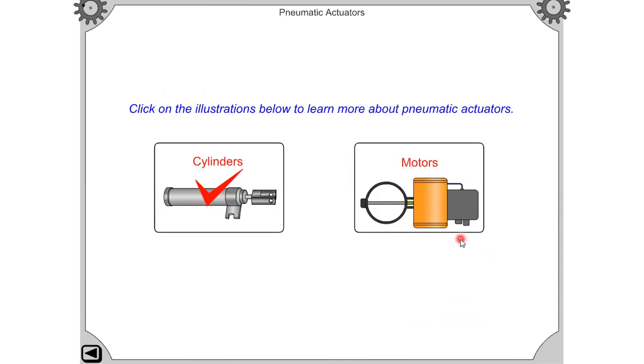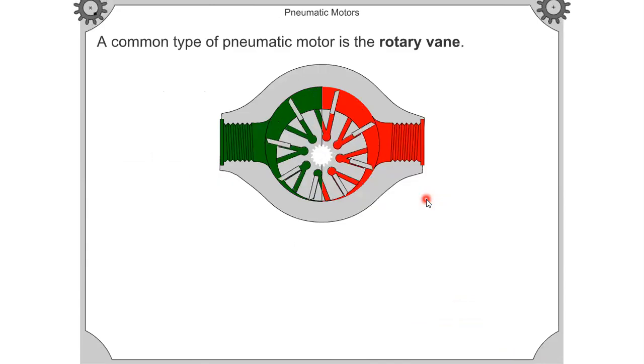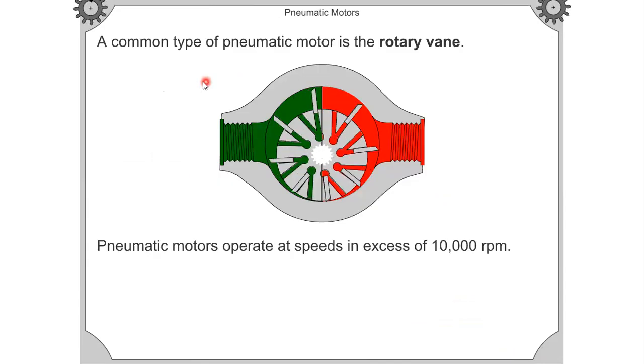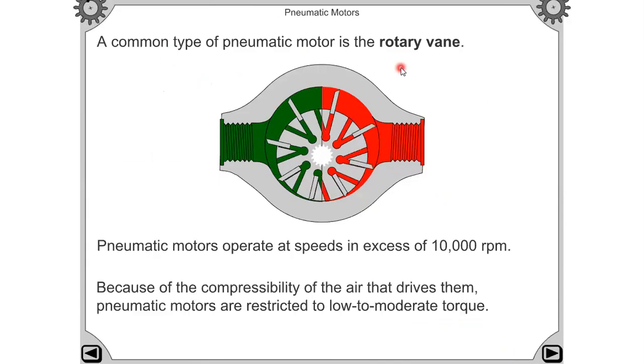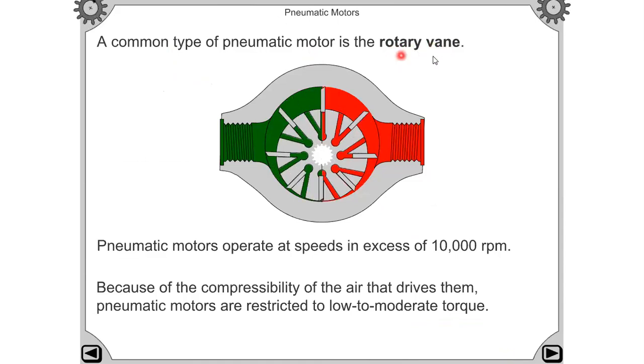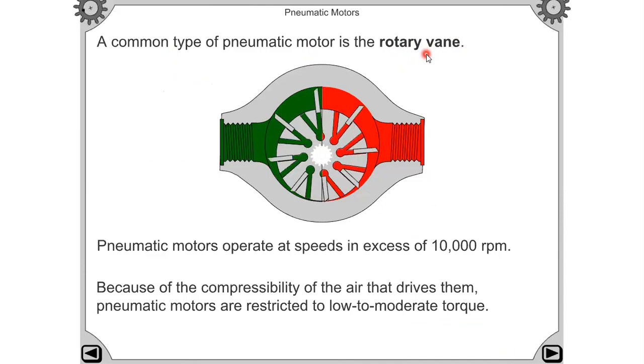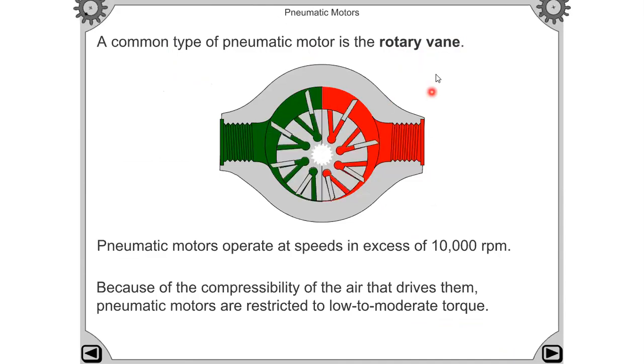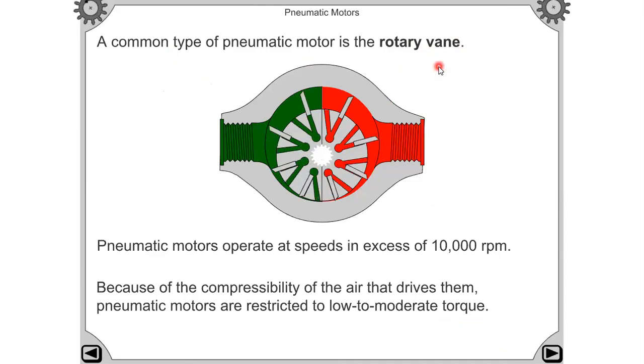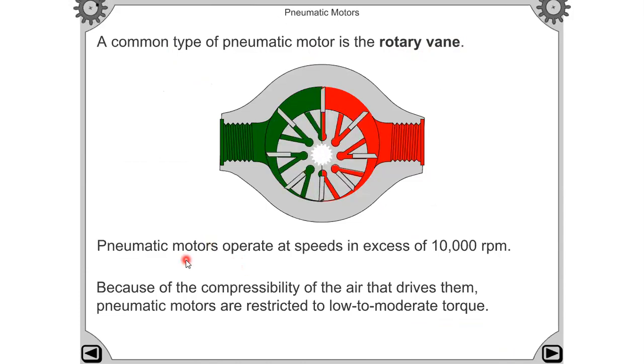Next we will see the second type of actuator, that is motors. For pneumatic motors, the common type is the rotary vane motor. The same rotary vane motor is also used in hydraulic systems, but there we use air.